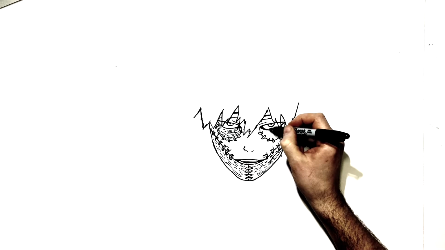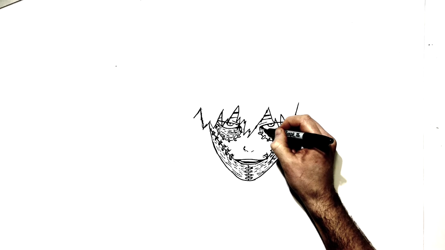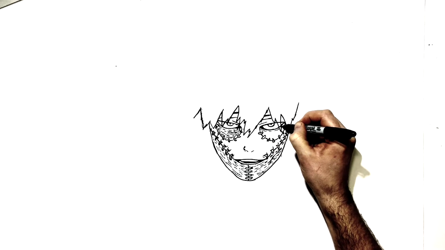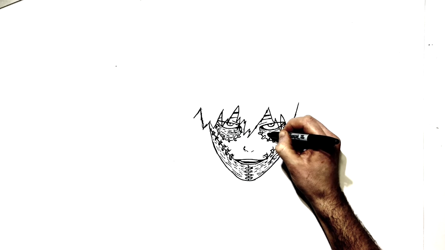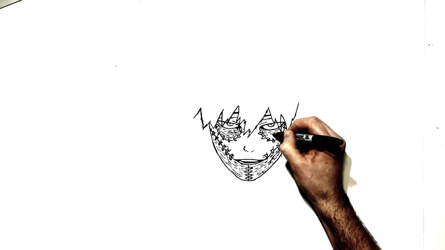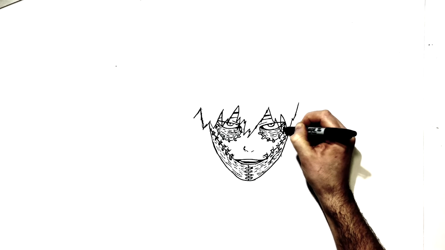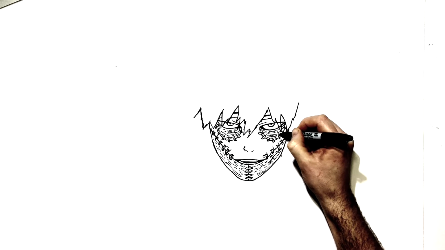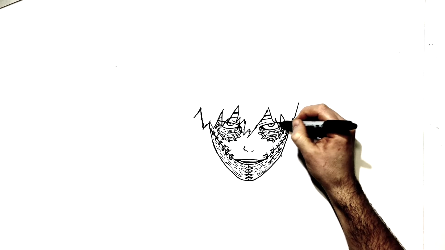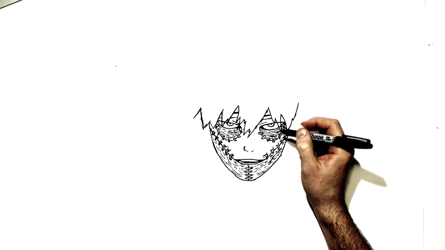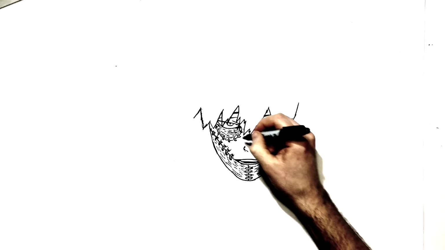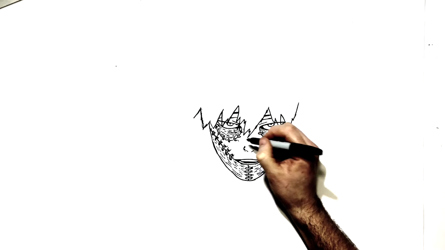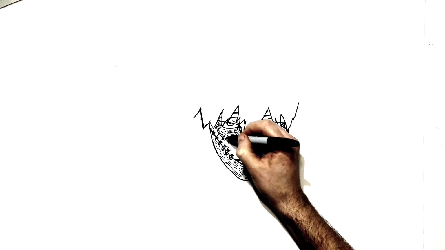And then again we have all those wrinkles, his eye. And you can add, as we did here, a few lines just to show that these are actually sticking into his skin.